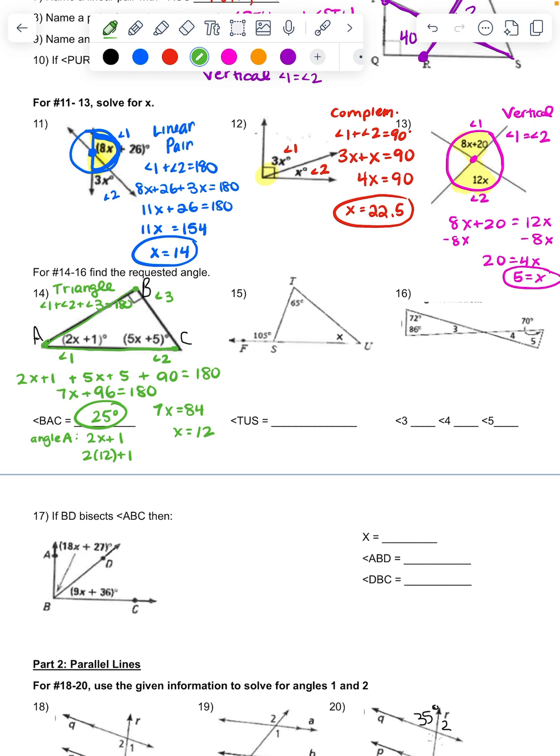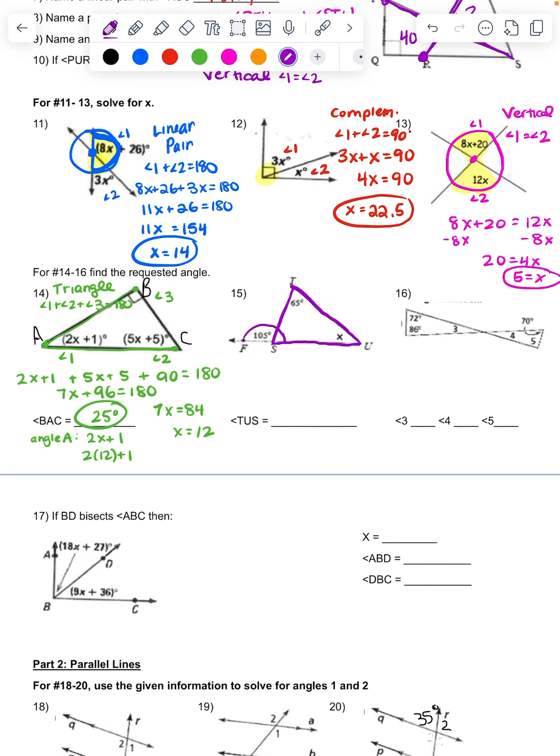I'm going to use that same type of concept in the next one, but I don't have the three angles inside of a triangle because the inside is the 65 and the x. I need to know that third angle to be able to do this. So what I'm looking for is to find this angle right here.